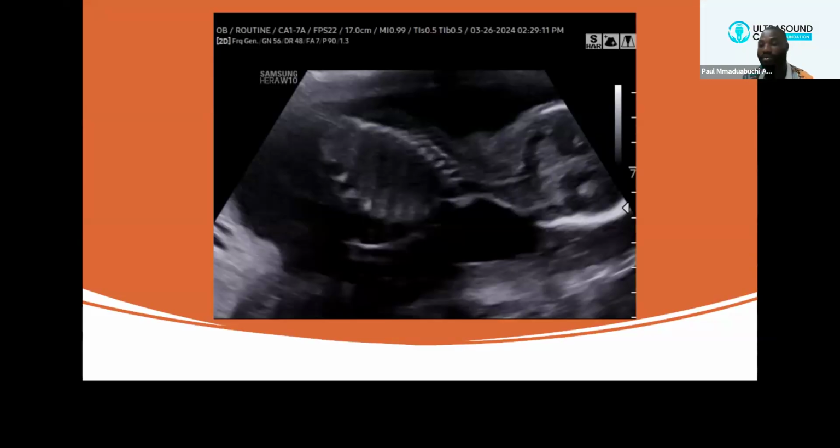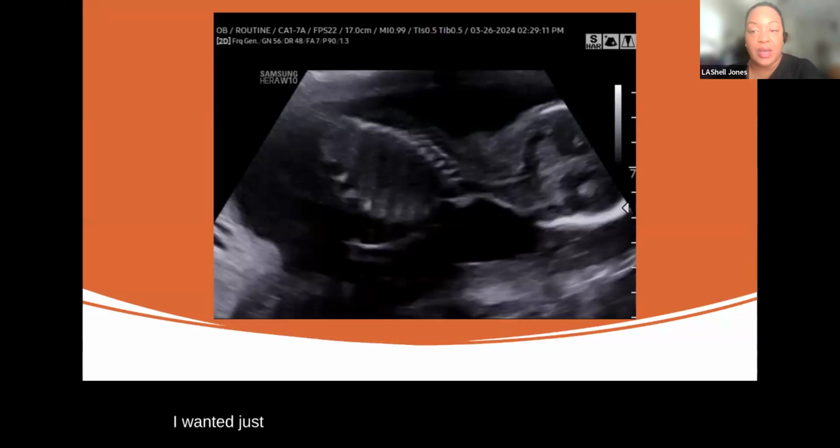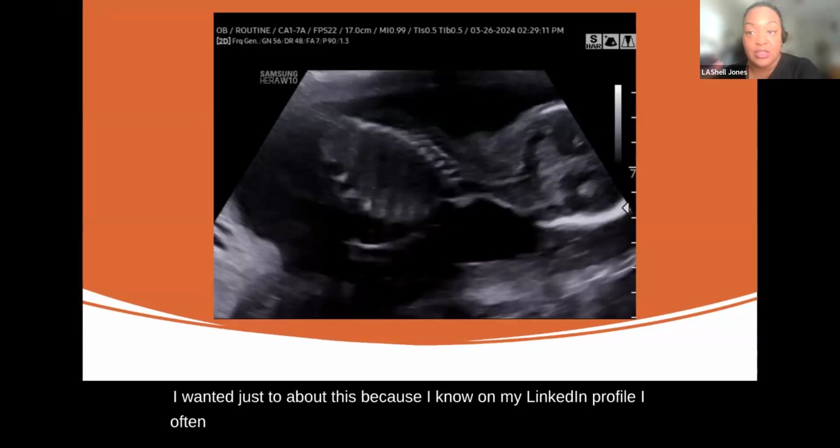The next question they ask is: is the side of the single umbilical artery, left or right, important in predicting anomalies? I wanted to comment on this, because on my LinkedIn profile I often suggest that you document left versus right.